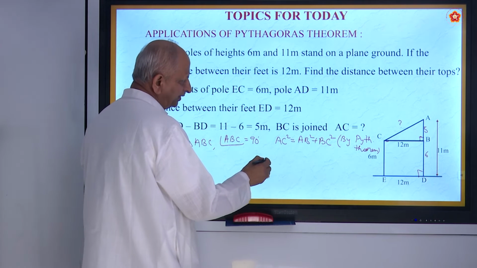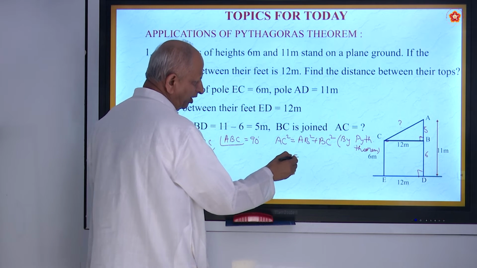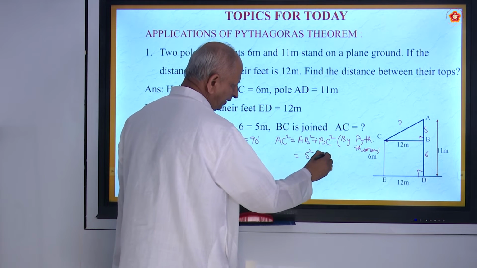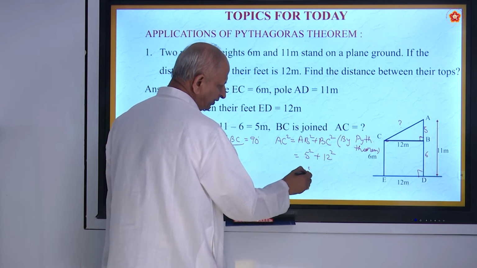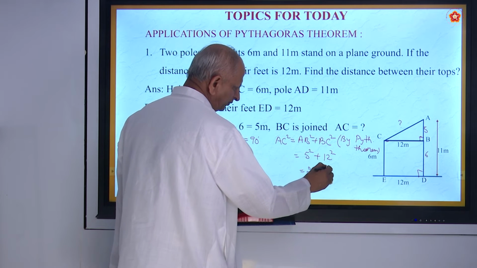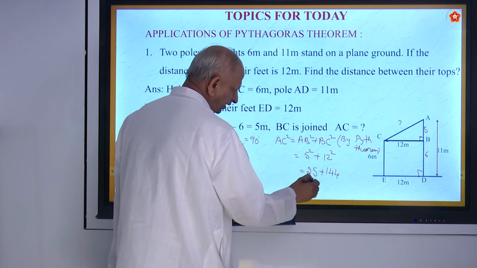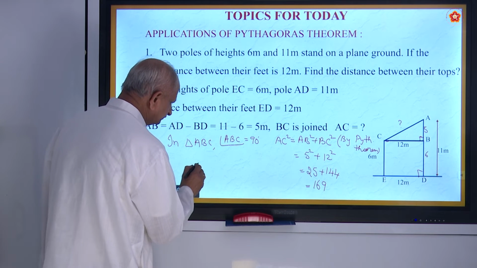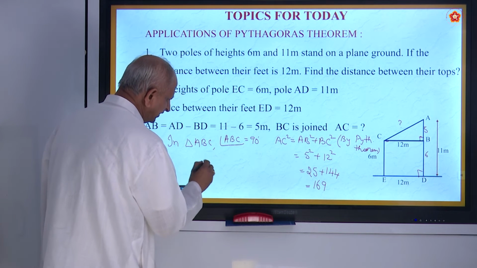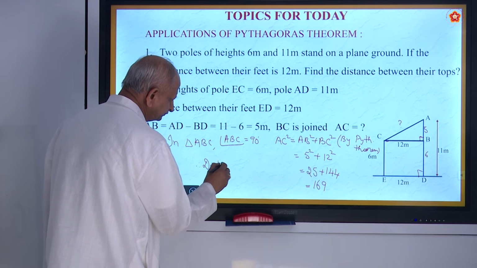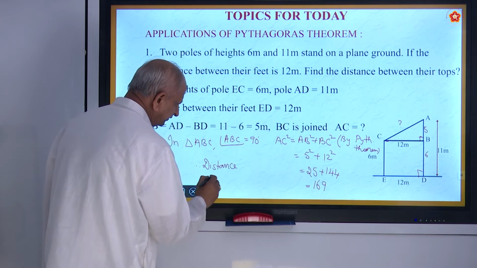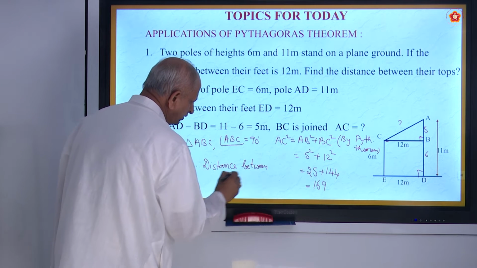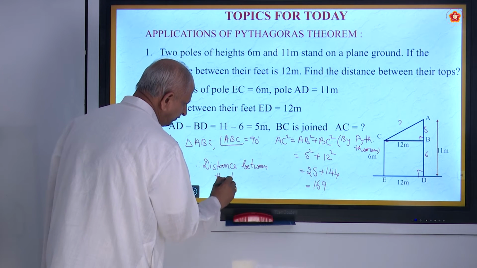So you have AC, we don't know. AB how much? 5. What is BC? 12. 5 square is 25. 12 square is 144. So AC square becomes 169. Therefore, the distance between the tops of what?